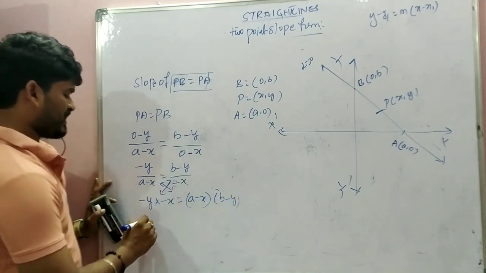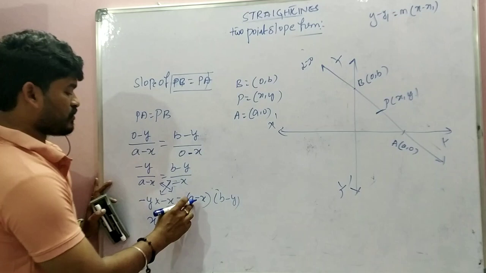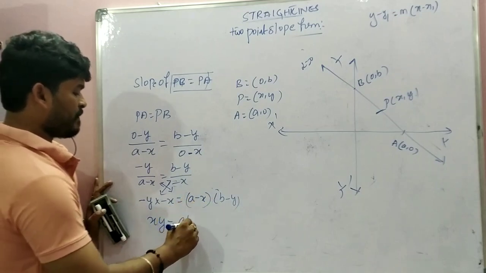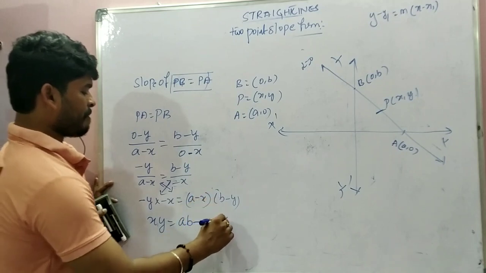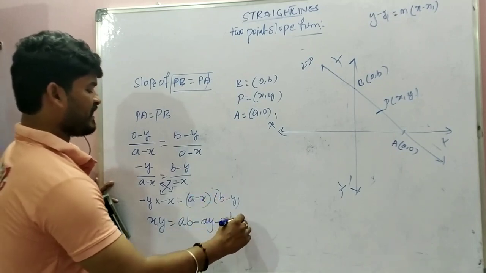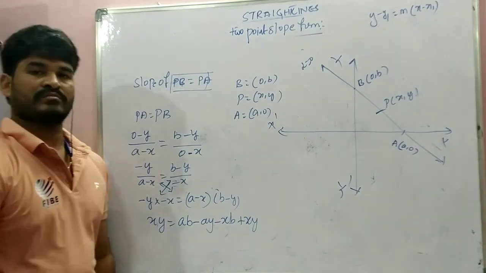Therefore minus into minus plus, we get xy equals ab, next minus ay, next minus xb, next minus into minus plus xy. Clear?